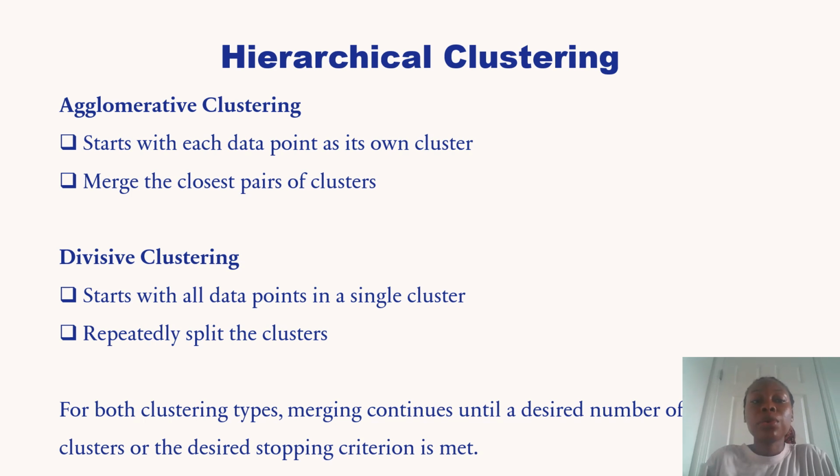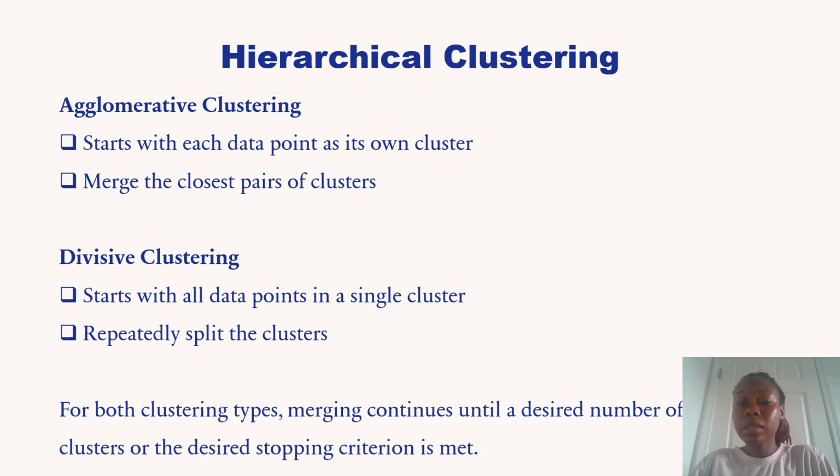In the next slide, we are going to be looking at the two types of hierarchical clustering. So the first kind is the agglomerative clustering. It starts with each data point as its own cluster, and then it iteratively merges the closest pair of clusters. For the divisive clustering, it starts with all data points in a single cluster, and then it repeatedly splits the clusters.